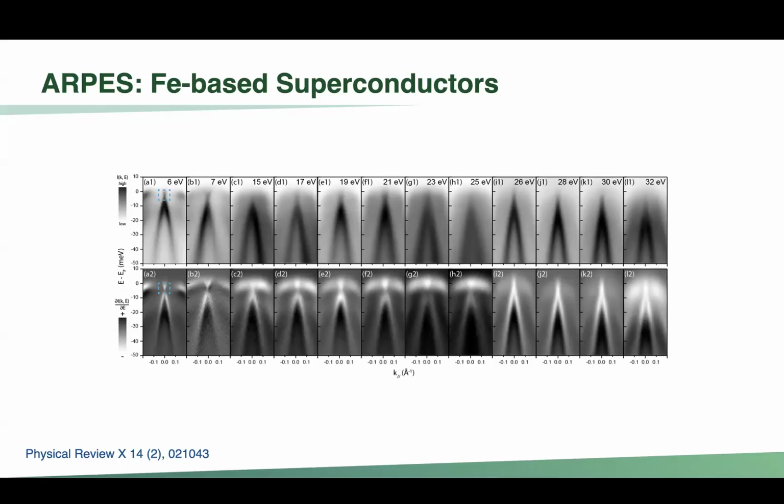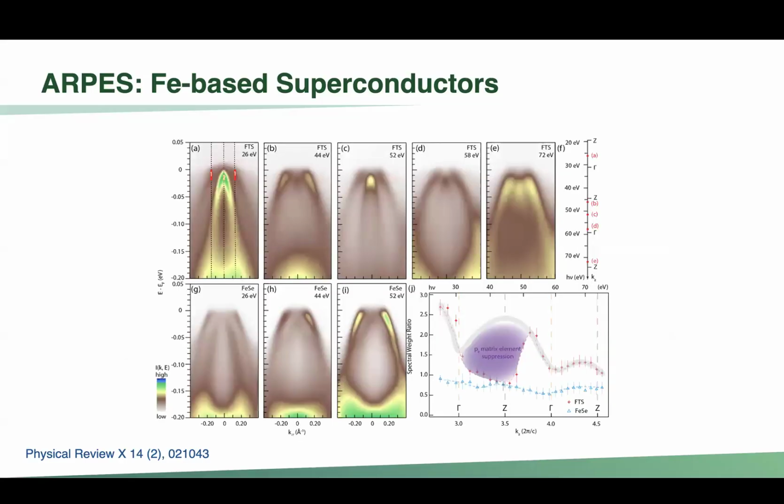So in order to prove that the surface state is topological, they measured with ARPES at different photon energies, and the cone was still there. And then in order to see this band inversion, they took several cuts of the ARPES data and computed the spectral weight ratio at different photon energies and in different regions.